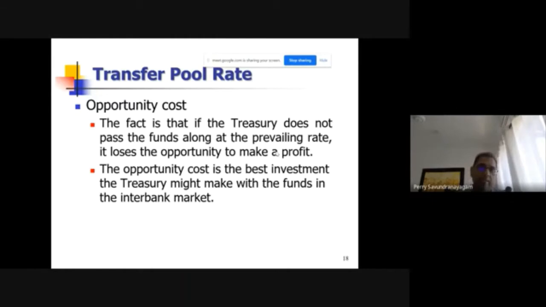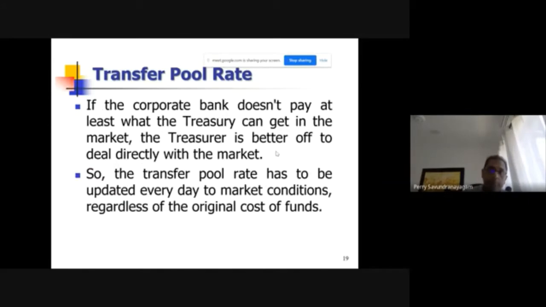If it doesn't lend that money out, it has excess liquidity, which will be parked at a cheaper rate at central bank or some other instrument, which is not necessarily the optimizing of the bank's funds. He has to worry about that, not the guy who bought the money in. He has done it and he crystallizes 1% gain on that. Treasury basically has to just manage how we maximize on that particular funding.